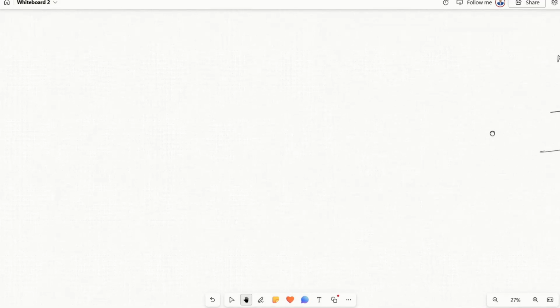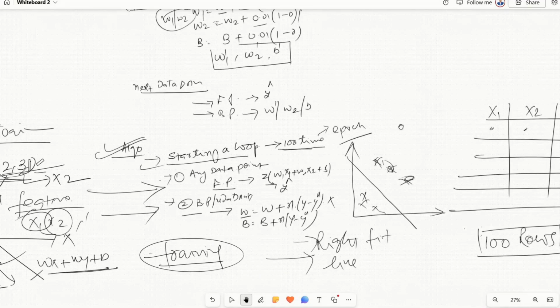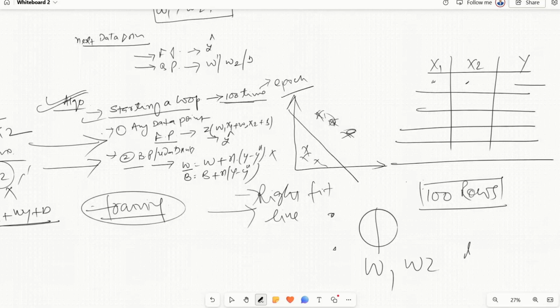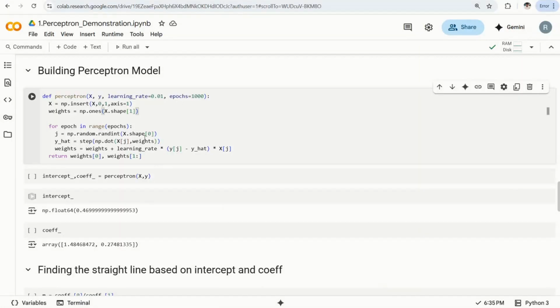As you know, when we build this perceptron, we have the input layer, and we assign some weights here, w1, w2 weights and bias. We take some weights and bias, we initialize some random values. So that is what we are doing here. Before I start the training, I'm taking some weights. I'm just inserting ones.